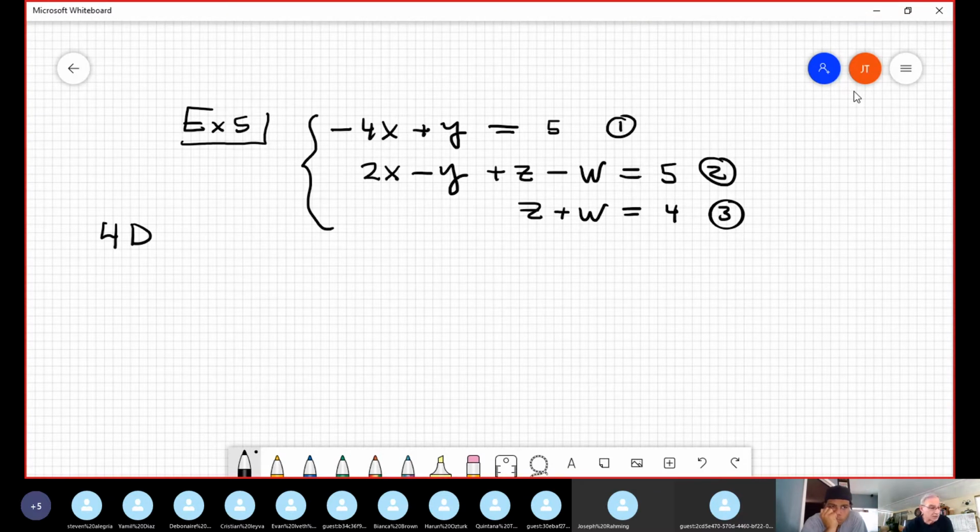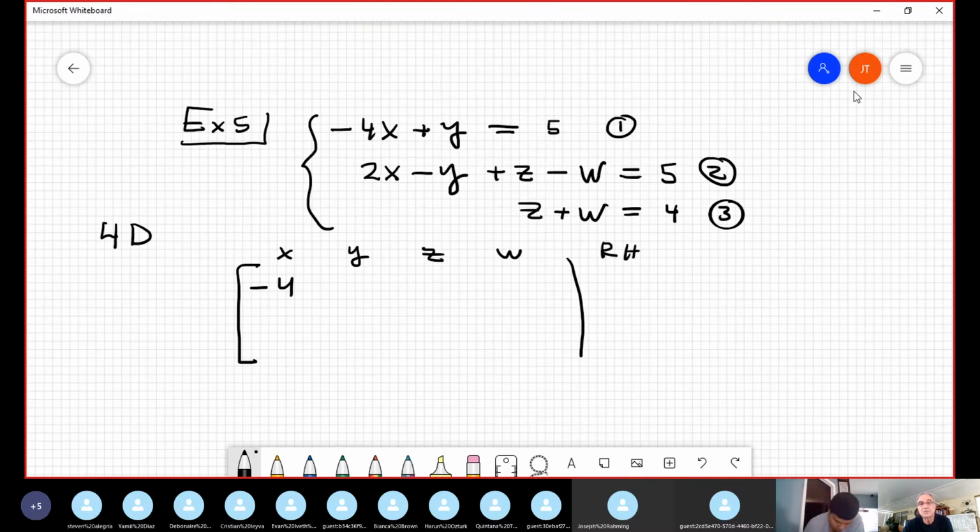I represent it in matrix form. And the matrix form is -4, 1, no Z, no W, and 5. This is my first equation. My second equation is 2, -1, 1, -1, 5.